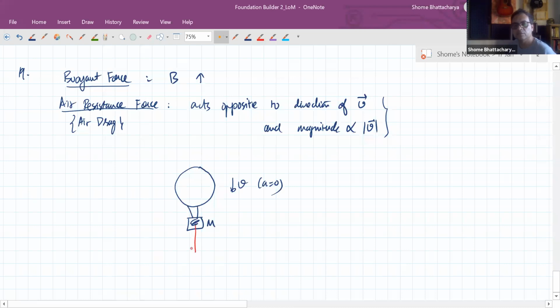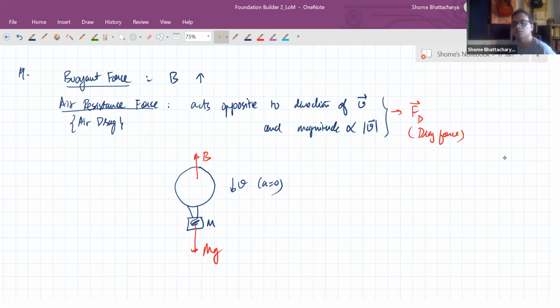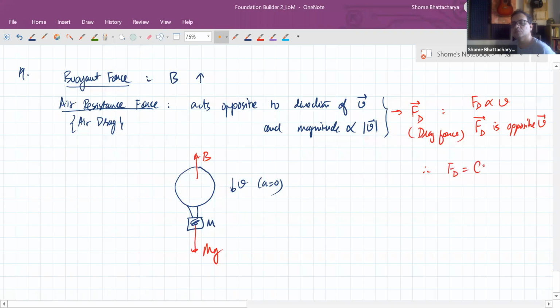The forces acting are the weight, the buoyant force, and this one we'll call FD, which is the drag force. The drag force will be such that the magnitude of the drag force is proportional to V and the direction of the drag force is opposite to V. So we can say that the drag force has a magnitude of some constant times V and has a direction which is opposite.